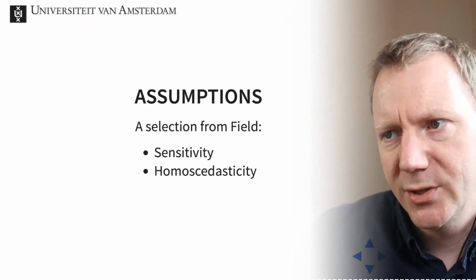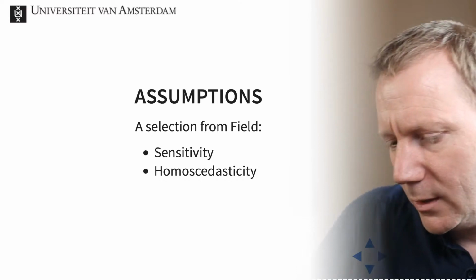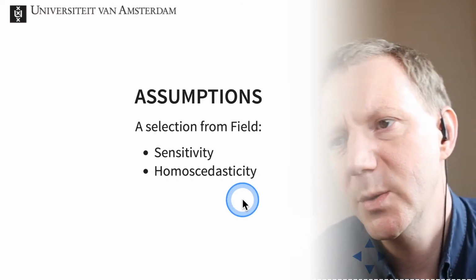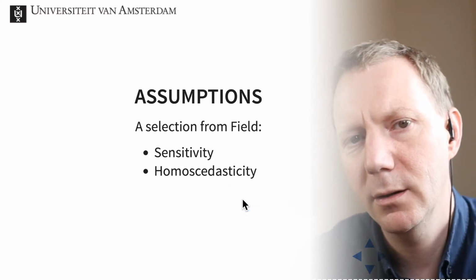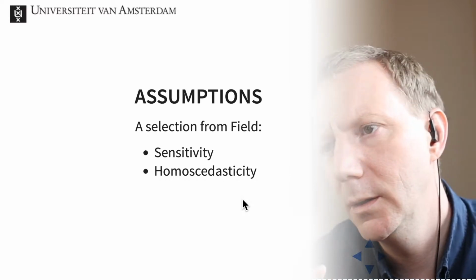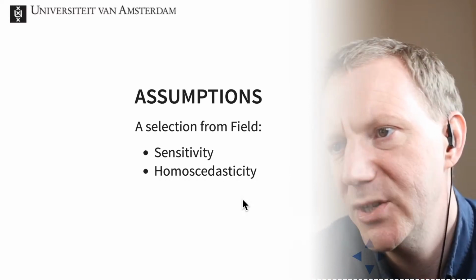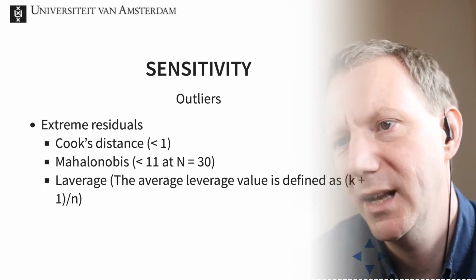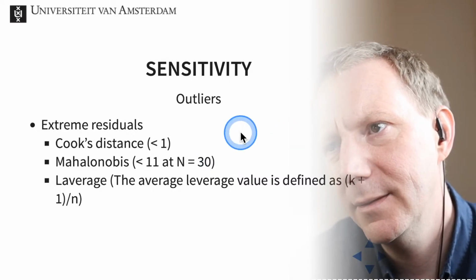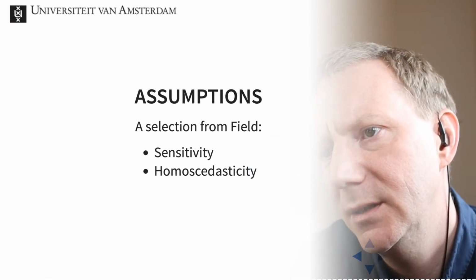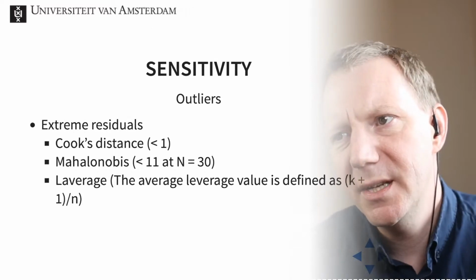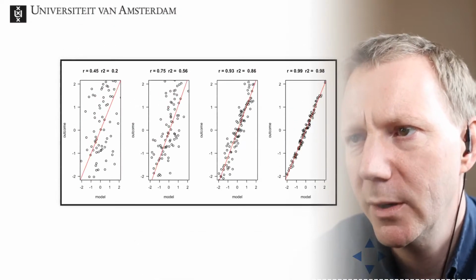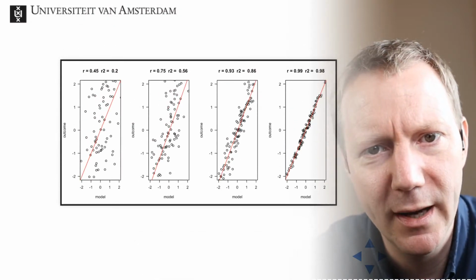Now there are a few assumptions, and Field covers a lot, and you should read those assumptions, but I wanted to pick out two that need some extra explanation: sensitivity and homoscedasticity. For sensitivity, it means that such a regression model is very sensitive to outliers.